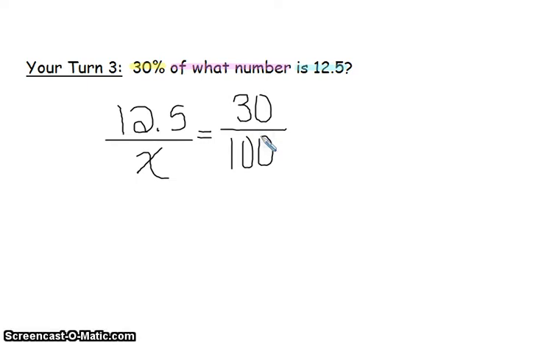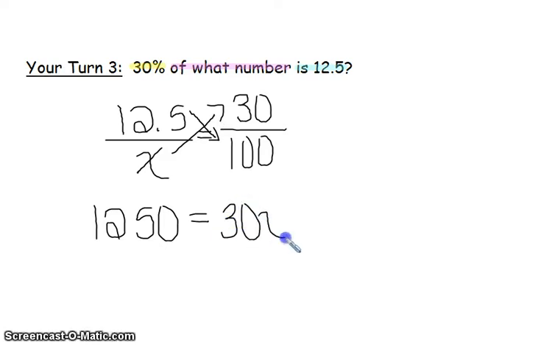So cross multiply, very simple. 12.5 times 100 gives us 1,250. And that's going to be equal to, you cross multiply the other way, x times 30, which is simply 30x. The inverse of multiplying by 30 is to divide by 30. So I'm going to divide the right hand side by 30, and I'm going to divide the left hand side by 30.